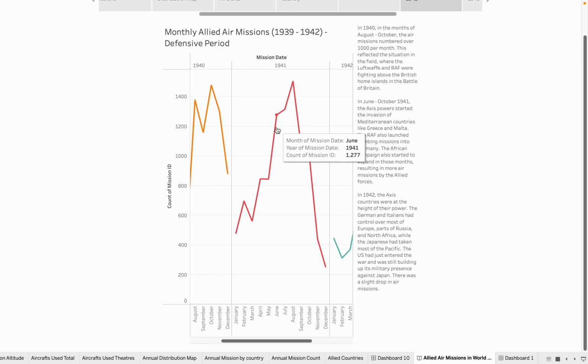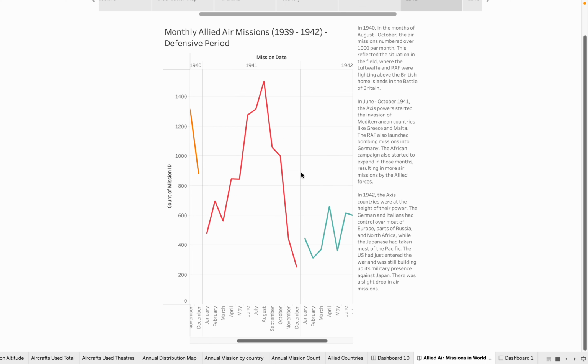The reason being that the Axis, the German and Italian forces, launched an invasion of Mediterranean countries like Greece and Malta, and the RAF had to respond. They were launching more and more air missions in that region, and that's why we see an uptick in the number of missions and a peak in the month of August. This is when Greece fell into German hands, and the RAF had to evacuate from that area.